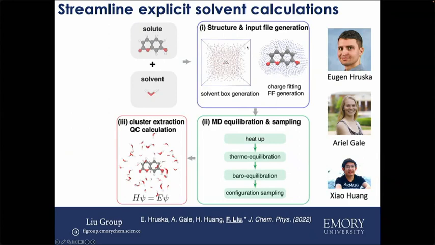Then the workflow will automatically fill the force field, generate the solvent box and topology file, run the molecular dynamics simulations, and finally extract the micro-solvated cluster that can be directly used by quantum chemistry calculation.